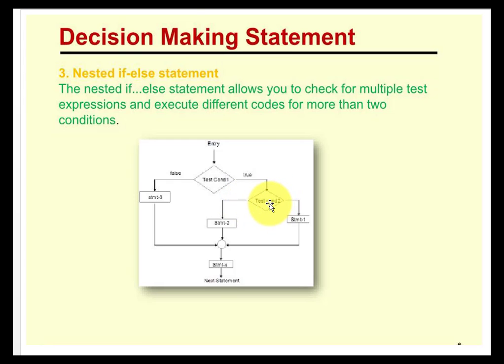Now the next condition may be true or false, so it also has a statement for true and for false. If the condition becomes false in the first step, then the false statement will be executed. So this is called the nested if else statement.